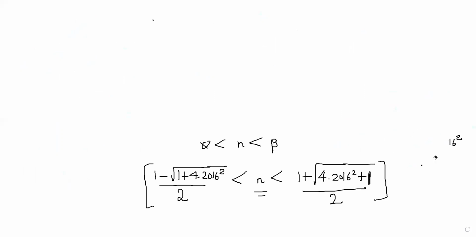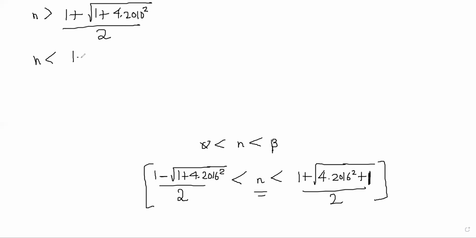So now let's write down the earlier condition. We had n is greater than, what was it? The first inequality: n is greater than 1 plus root of 1 plus 4 into 2010 square over 2, and n is less than 1 minus root of 1 plus 4 times 2010 square over 2.